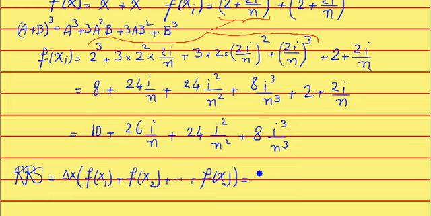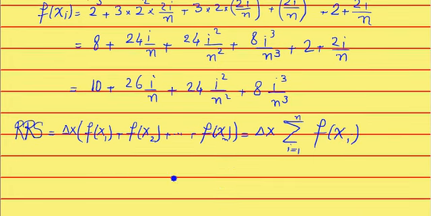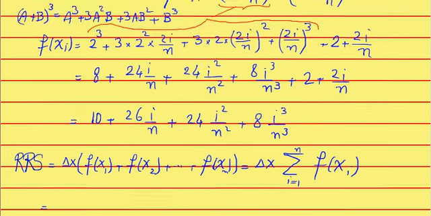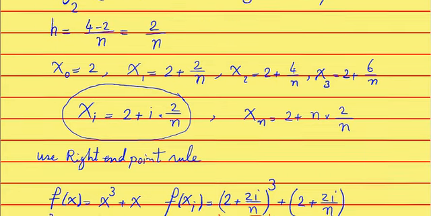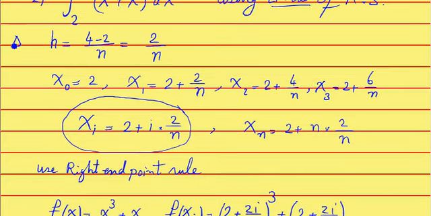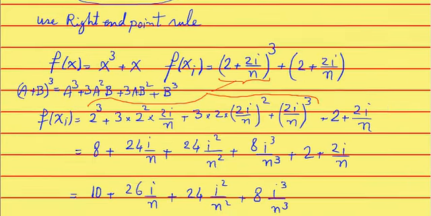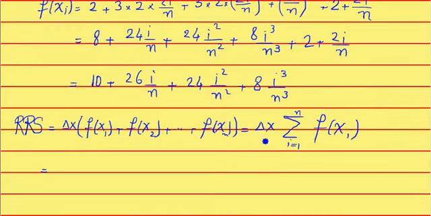In sigma notation, this would be delta x times the sum of f of x_i, i ranging from 1 through n. Let me remind you also, delta x is the same as h. Now what is left to do is to actually carry out this summation. How do we carry out this summation? Let me write it down.